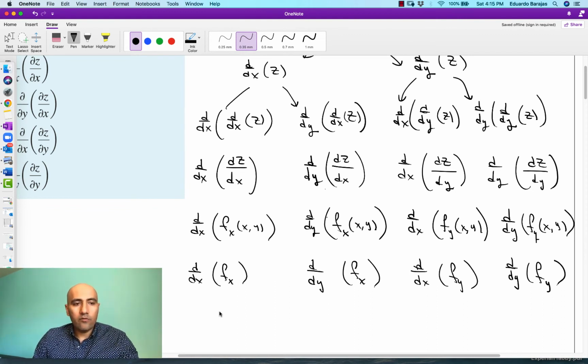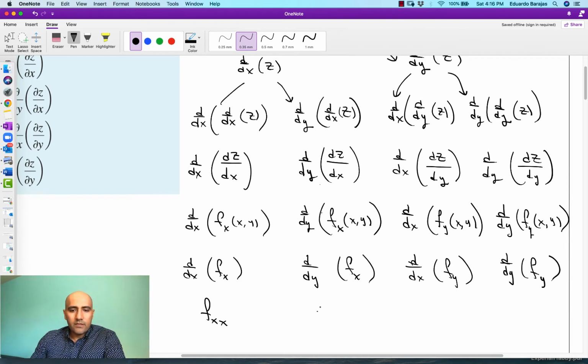And one more variation on this. This is f sub xx, right? This notation indicating this. And then this is going to be f sub xy. And this one is going to be equal to f sub yx. And finally, this last one is f sub yy.